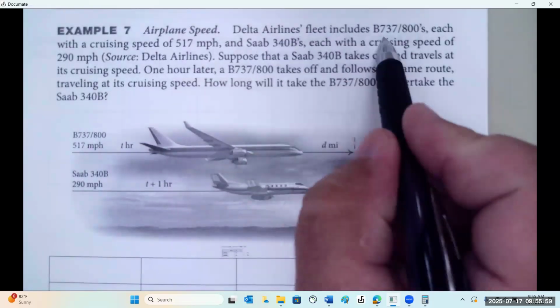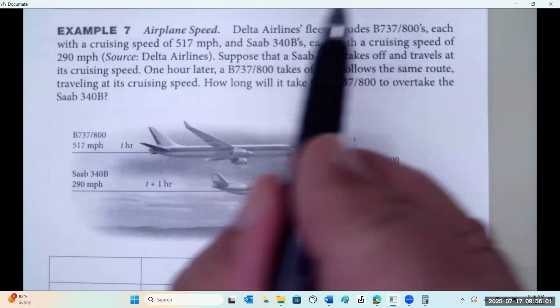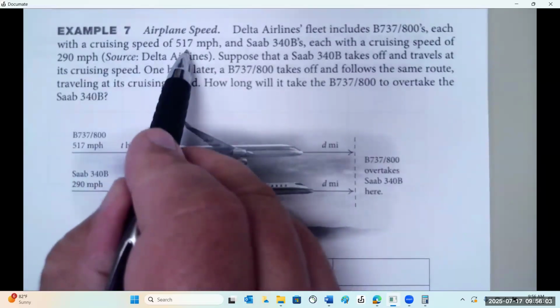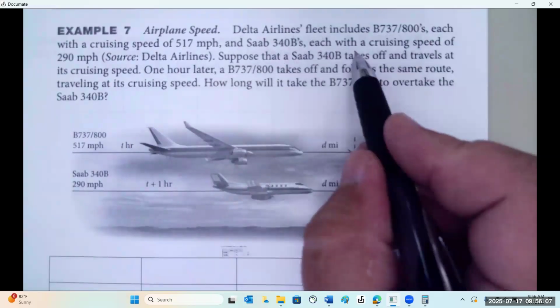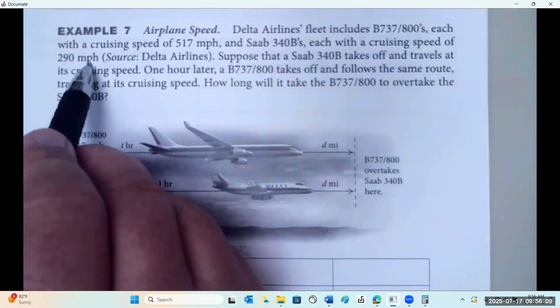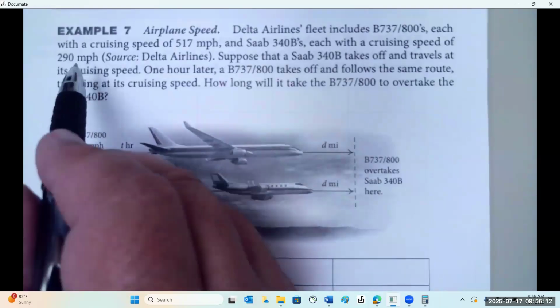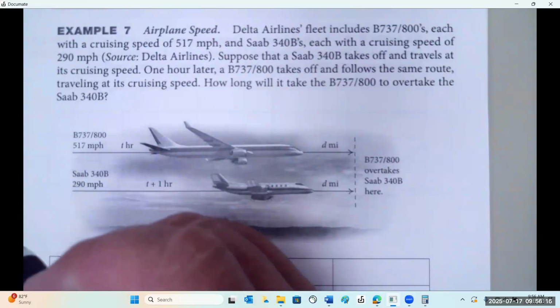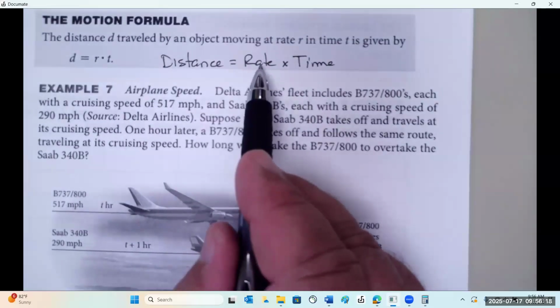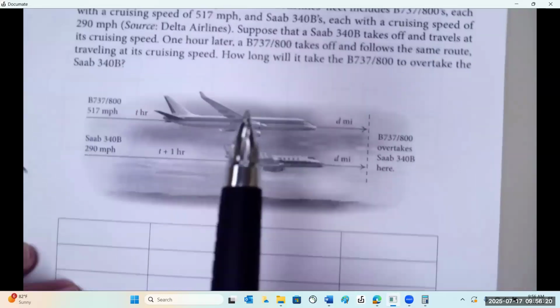Delta Airlines fleet includes 737s, each with a cruising speed of 517 miles an hour, and Saab 340s, each with a cruising speed of 290 miles an hour. Is that important to know? Yeah, because we need to know the rate of the airplanes, how fast they travel.